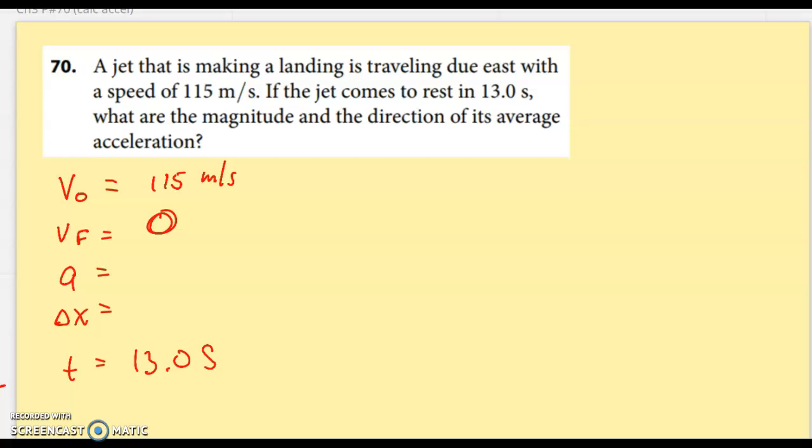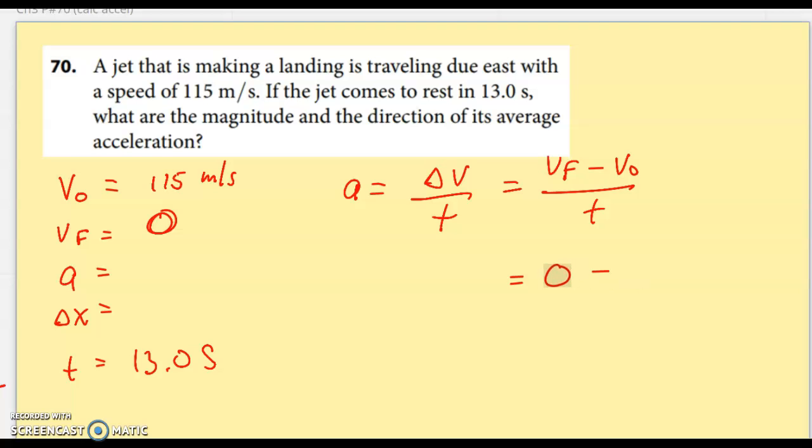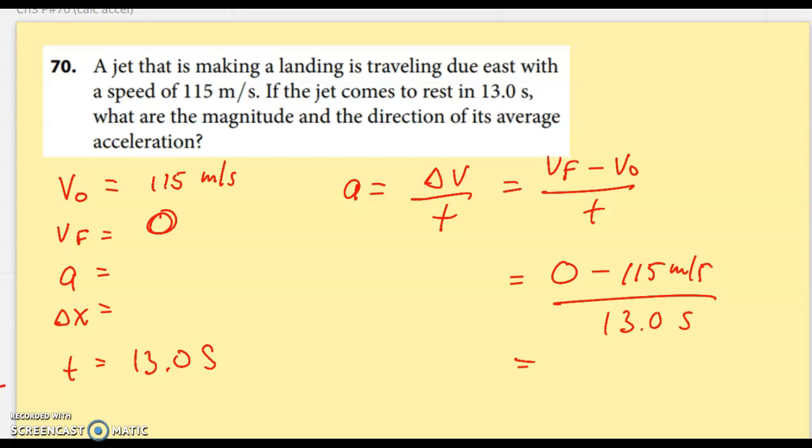What is the acceleration? So now we go over to our formula sheet and we see that acceleration is change in velocity over time. There's a lot of things on the formula sheet, but I picked this one because it does not have a delta x in it. So I'll say that we end with 0 and we start off with 115 meters per second. And I'll take that and divide by my 13 seconds.